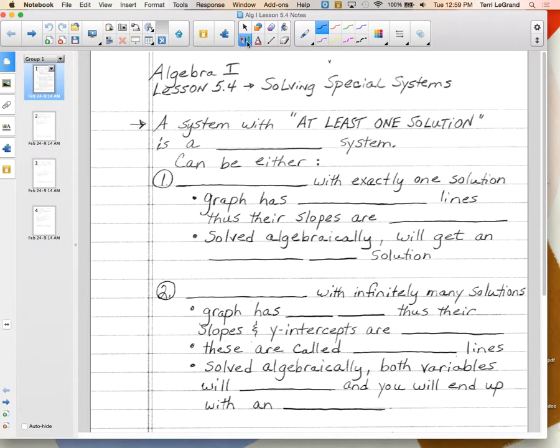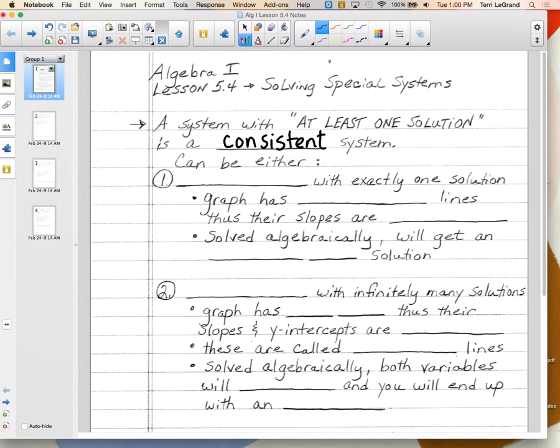Okay, so when we have these classifications for these systems, we're going to find out that some of the systems have a two-part name, a first name and a middle name, and then there's another system that only has a first name and no middle name. Would it be a consistent system? Yeah, so a system with at least one solution, we are going to call a consistent system.